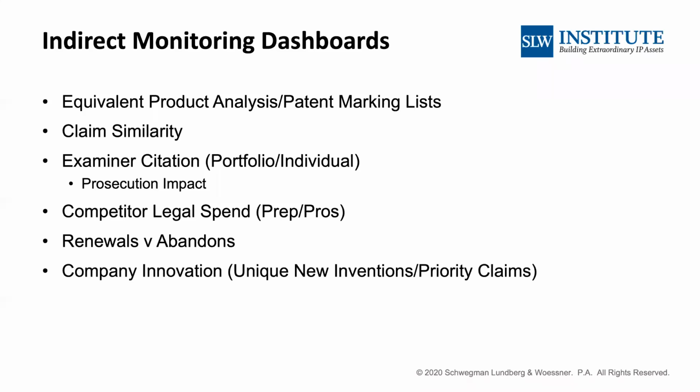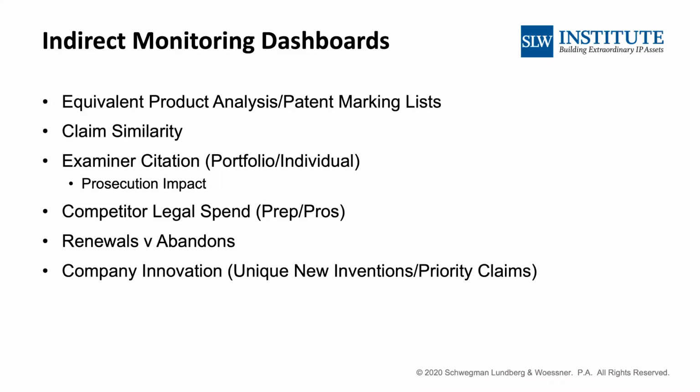Examiner citation is also very useful, because a lot of people will flood an IDS with lots of citations that are of marginal value, whereas you can look at what an examiner actually cited and decided was useful.